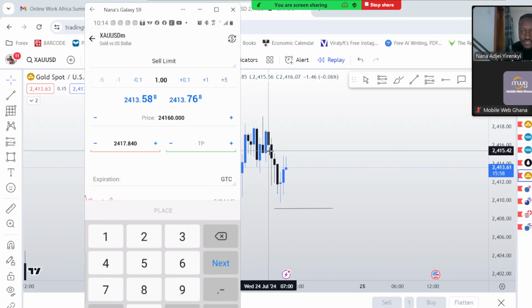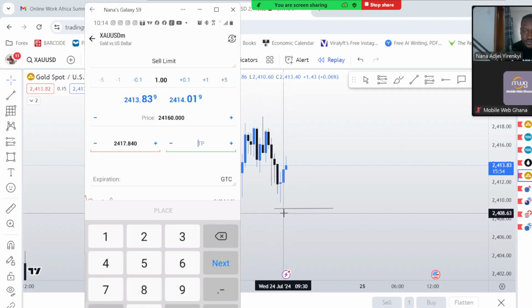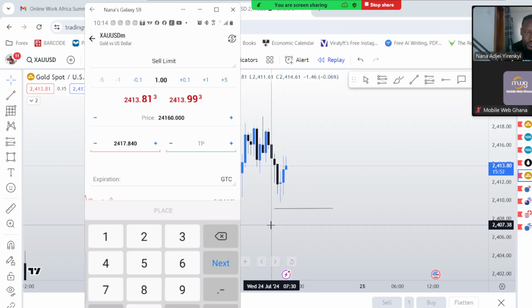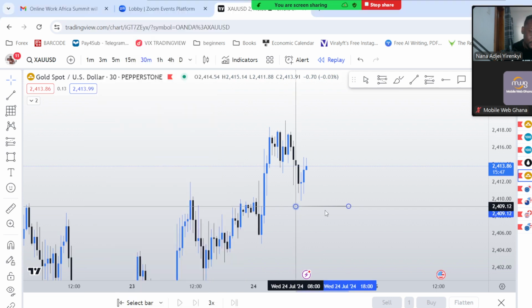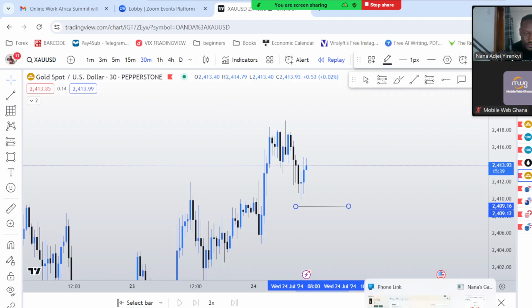Because you are selling and you're expecting price to drop, obviously your TP would be somewhere way below the current level where you've actually analyzed. So let's say at this line, this is where maybe our TP would be. So you look at the price level over here, which is 2409.16, and then you're going to type it over there.